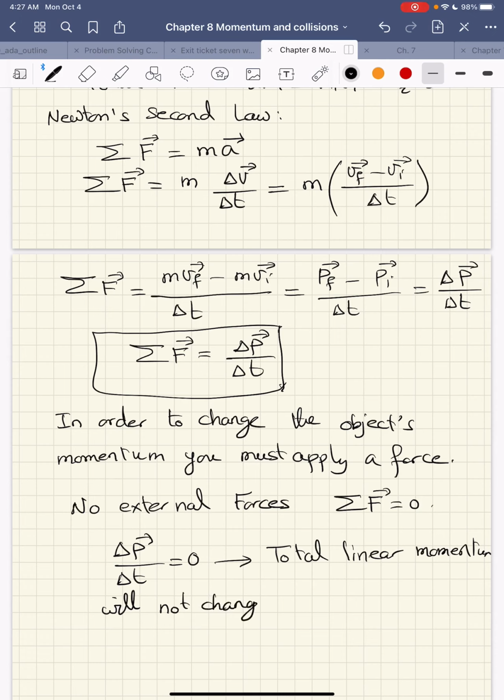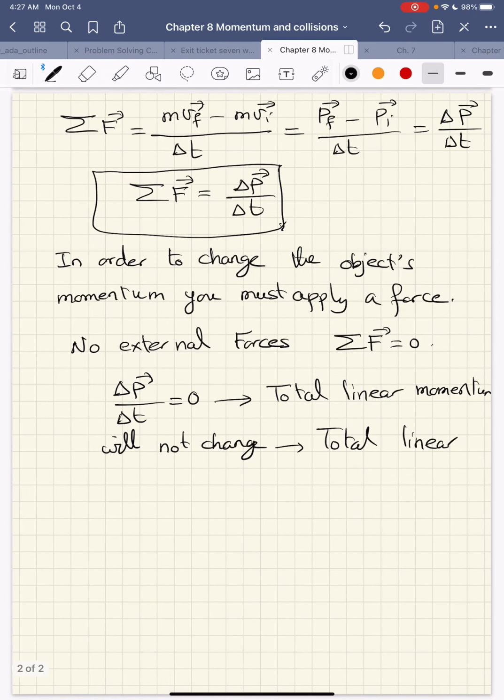Total linear momentum is conserved. This is the conservation of linear momentum.